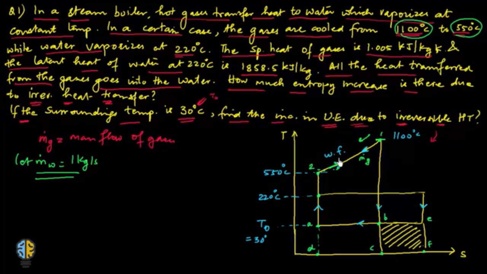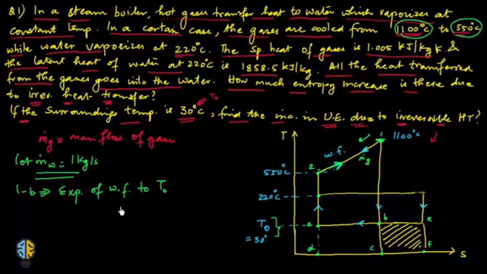Now, if you look at the path 1b, this path denotes the expansion of the working fluid down to the lowest possible temperature, that is the surrounding temperature. So 1b is the expansion of the working fluid to T naught.